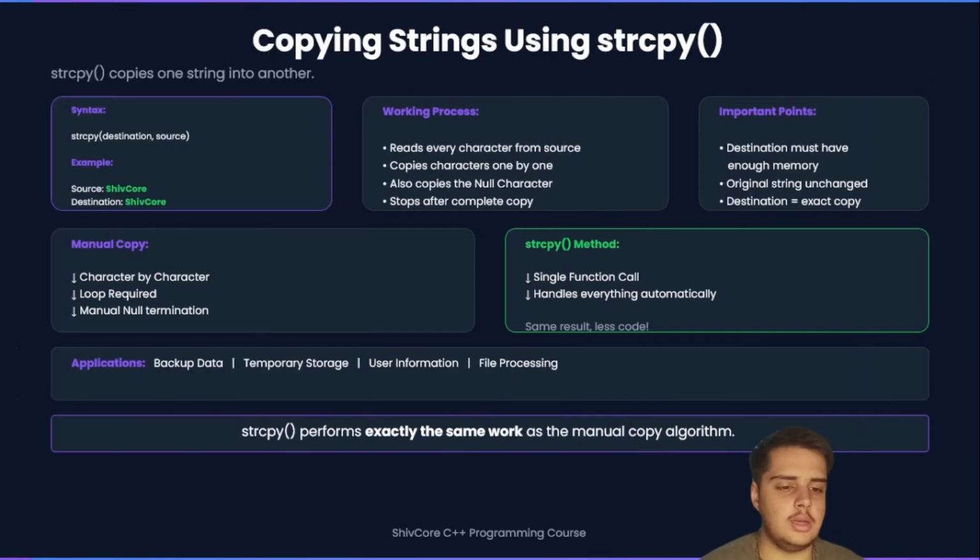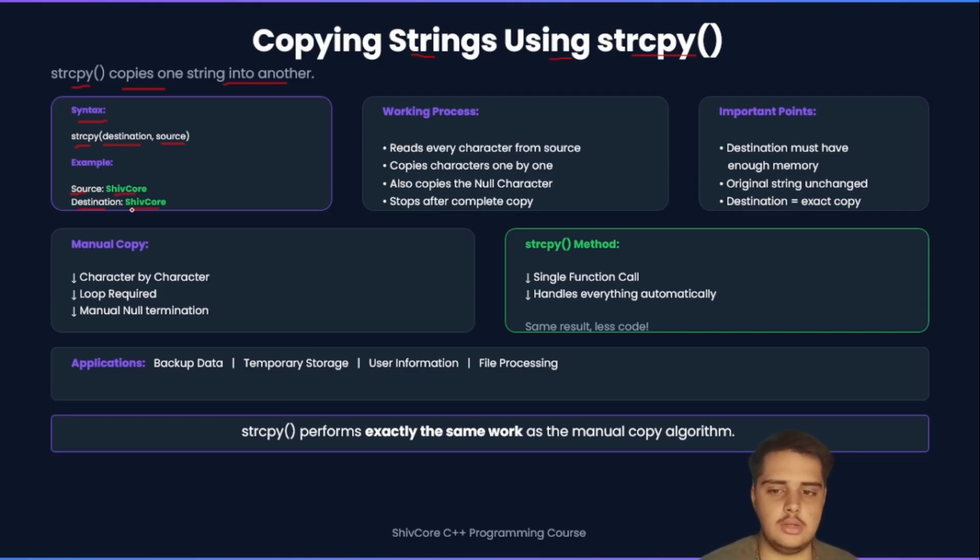Coming next, we have copying a string using strcpy, which copies one string into another. The syntax is strcpy with destination and source. Say the source is ShivCore and the destination is also ShivCore.